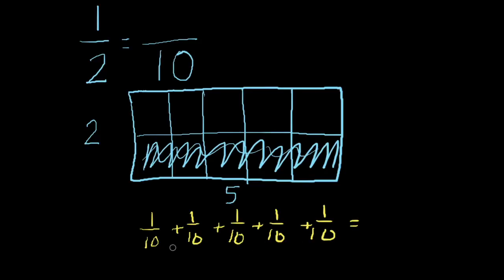I can rewrite this as a multiplication sentence because this is repeated addition. So I can ask myself, how many equal parts do I have? The answer is 5. And what is the value of each equal part? It's equal to 1/10. So the total number of tenths that is equal to 1/2 is 5. So 1/2 is equal to 5 tenths.